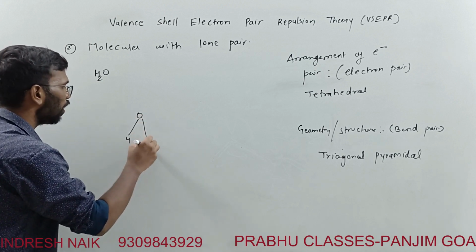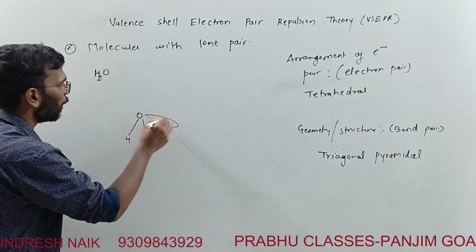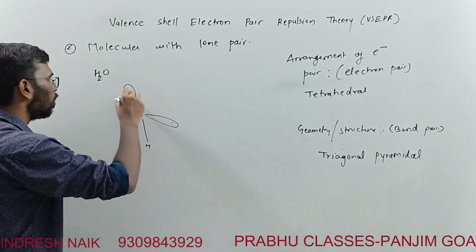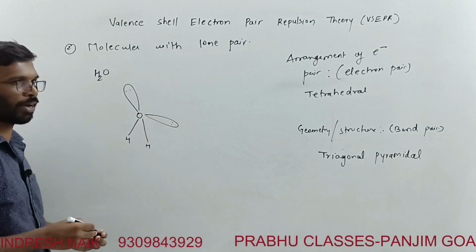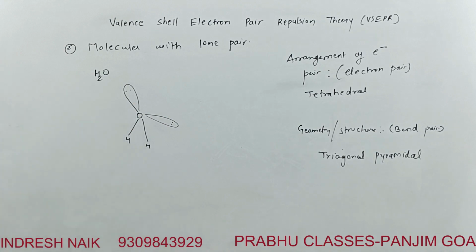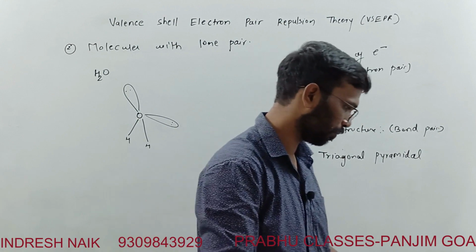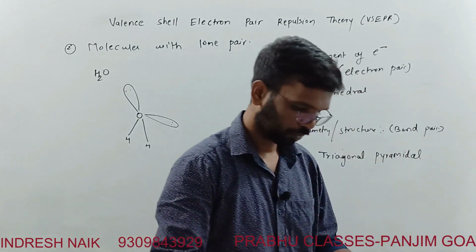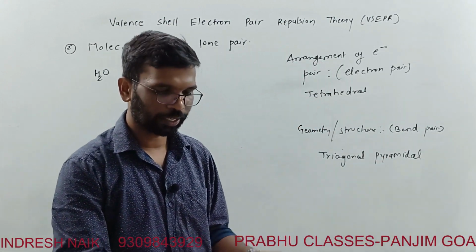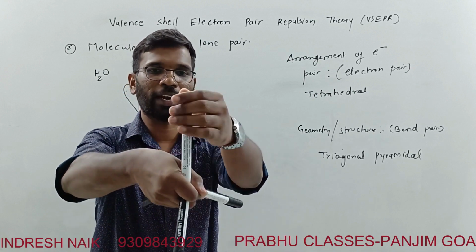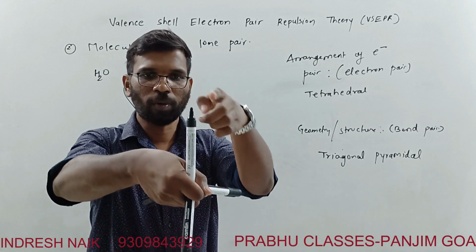A hydrogen. This is a lone pair, and this is also a lone pair. It is a kind of tetrahedral structure. Just understand this structure. This is a tetrahedral, right?